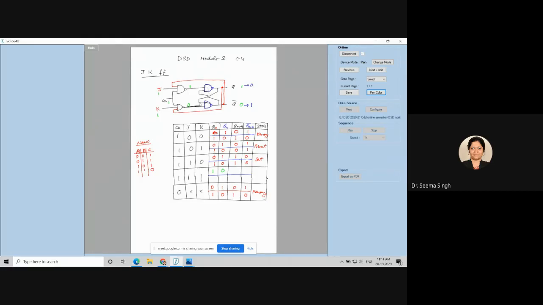If you see otherwise, you will see that both are becoming 1. But I told during SR flip flop working also, as soon as the main input comes 0, it will force the output of this NAND gate to become 1 without bothering about the feedback. So this will make your Q bar to be 1 and Q to be 0.